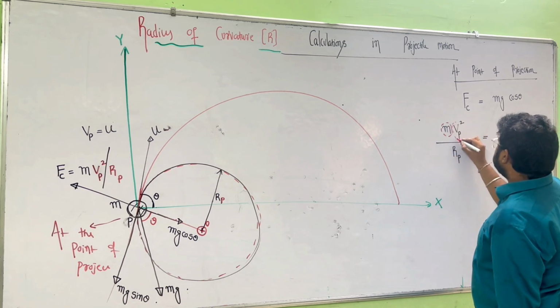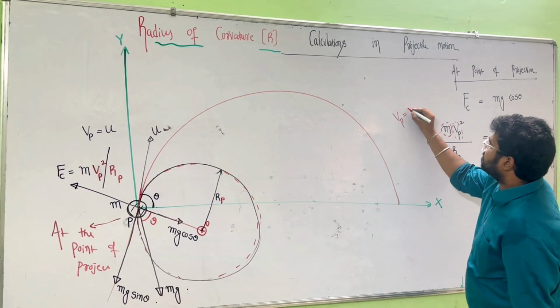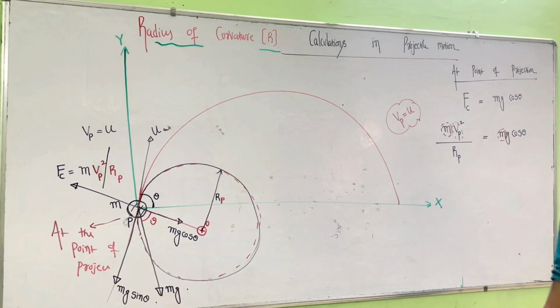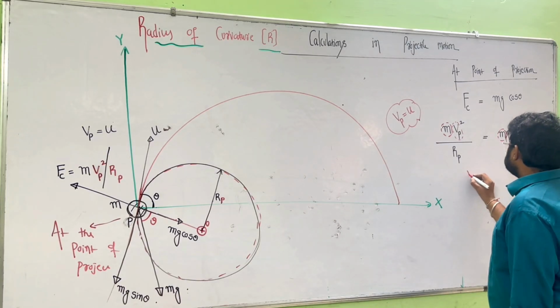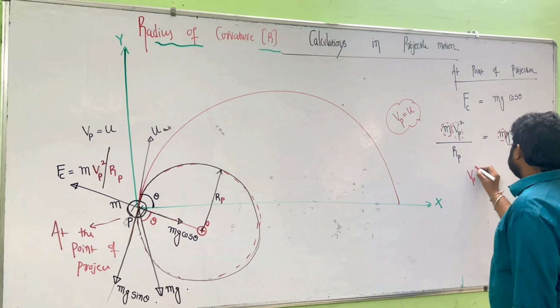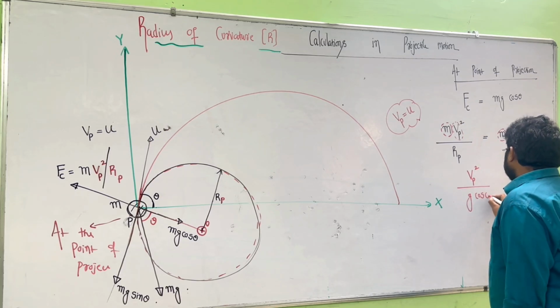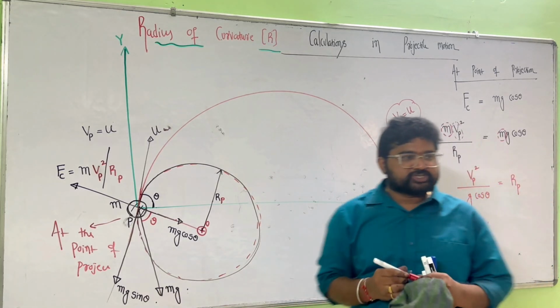What is Vp? Tell me. At the point of projection, can I write U? Understood? So here Vp square by Rp equals G cos theta, where Rp is the radius of curvature at the point of projection.